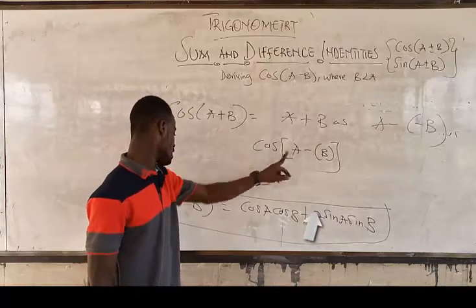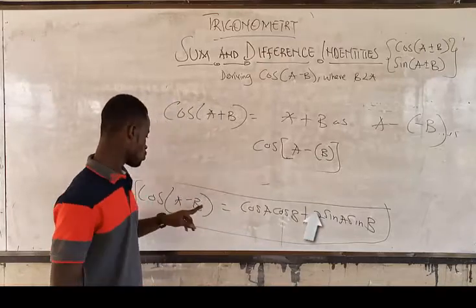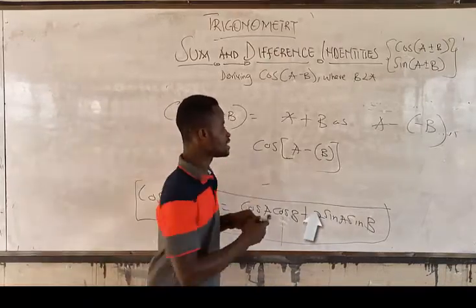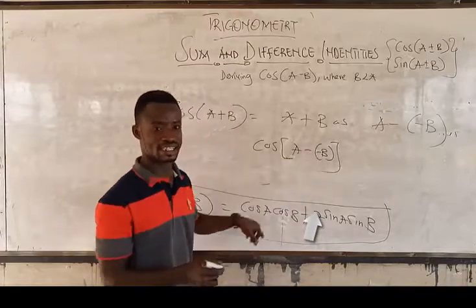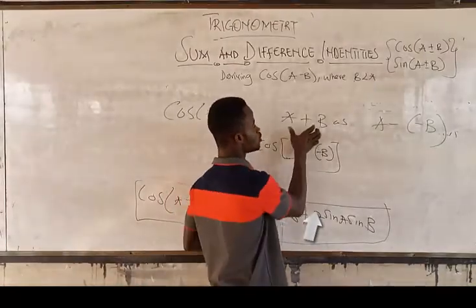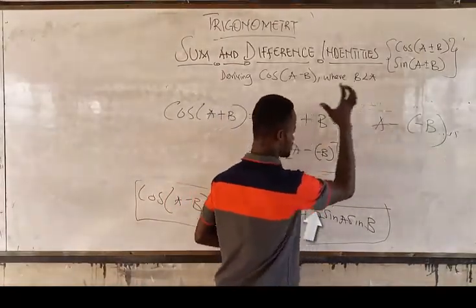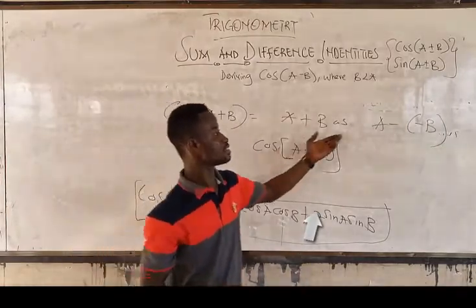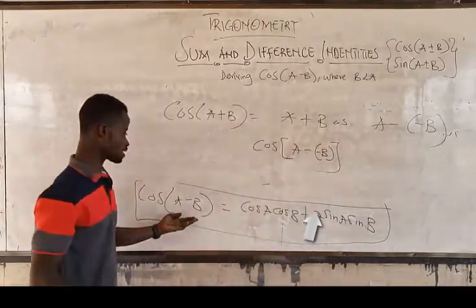Where you see A, put A there. Where you see B, put negative B there. Because this is the same as this. So we are writing it this way so that we can do the substitution here.